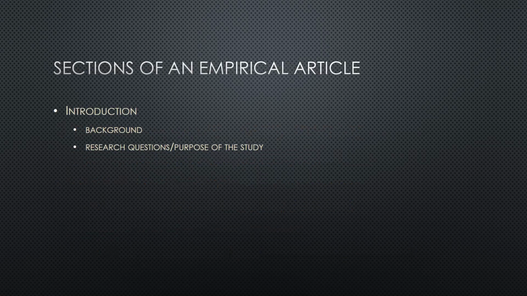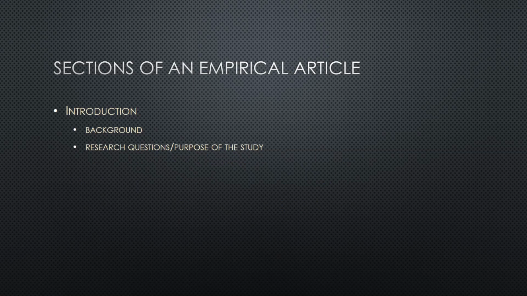So what are the sections of an empirical article? Well, they all start with an introduction, which essentially just comes right after the abstract. In the introduction, they're going to briefly introduce the topic and the background of the topic, the previous research that's been done on it. So say you're reading a study that's comparing diagnosing criteria for boys or for male and female children with autism, okay?